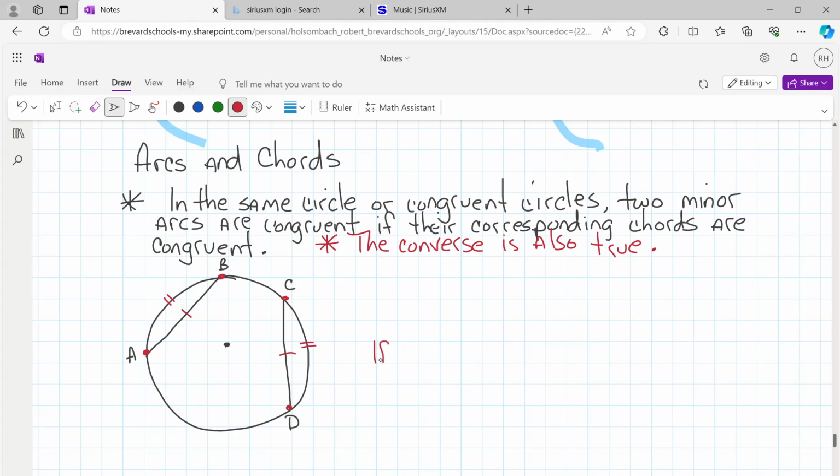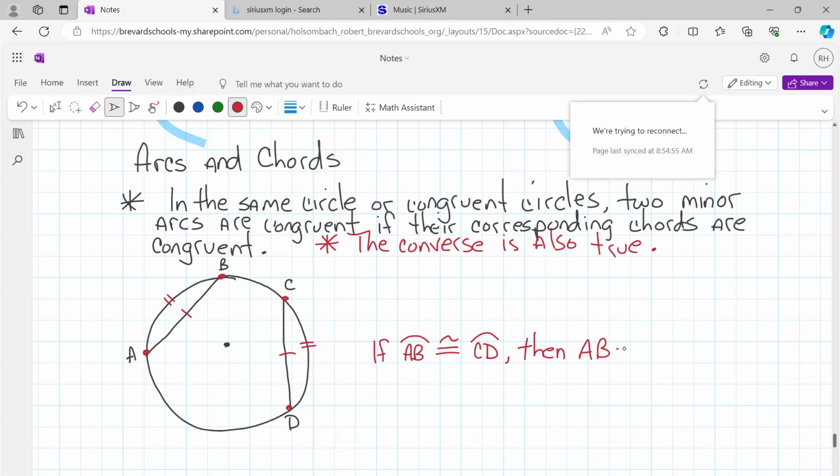You could say if arc AB is congruent to arc CD, then segment AB is congruent to segment CD.